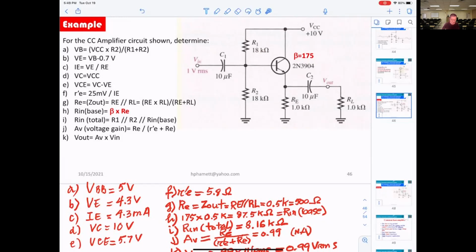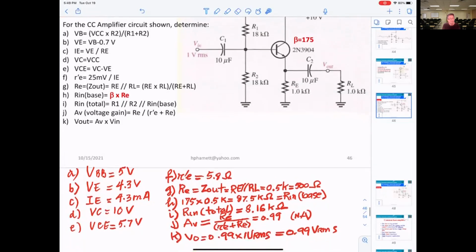Okay. If you want to amplify the input, you better use common emitter. Common emitter will get a high gain.